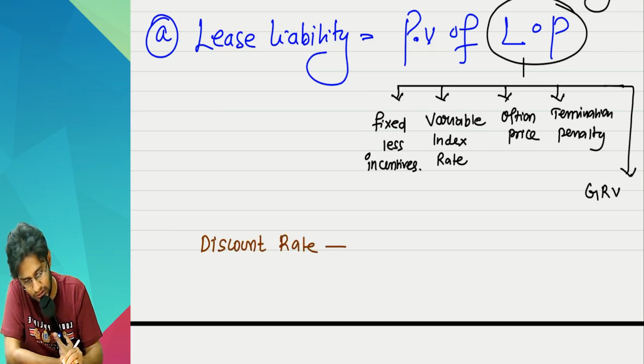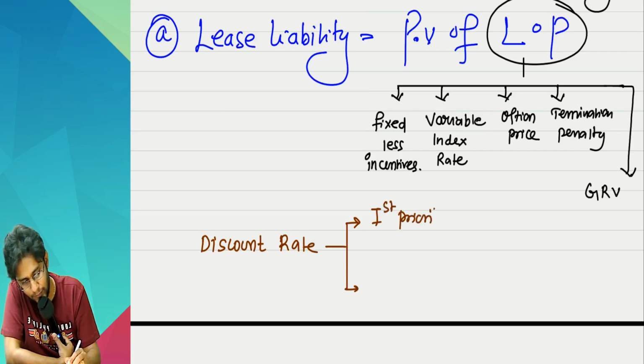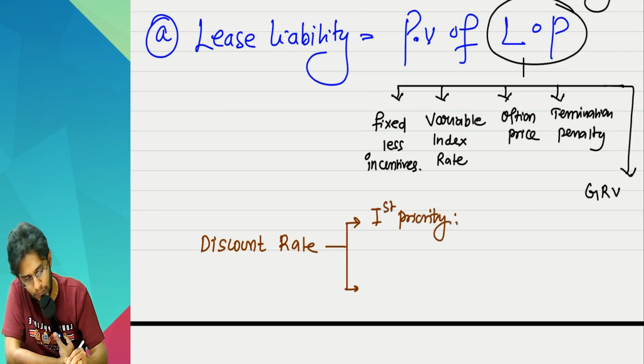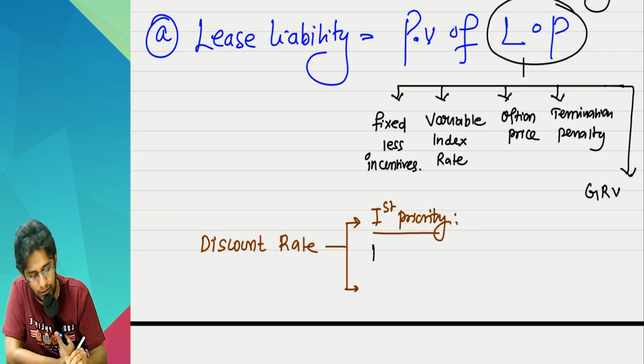Sir, the standard gives you two priorities. First priority, IRR only, but that's called IRIL, the interest rate implicit in lease.